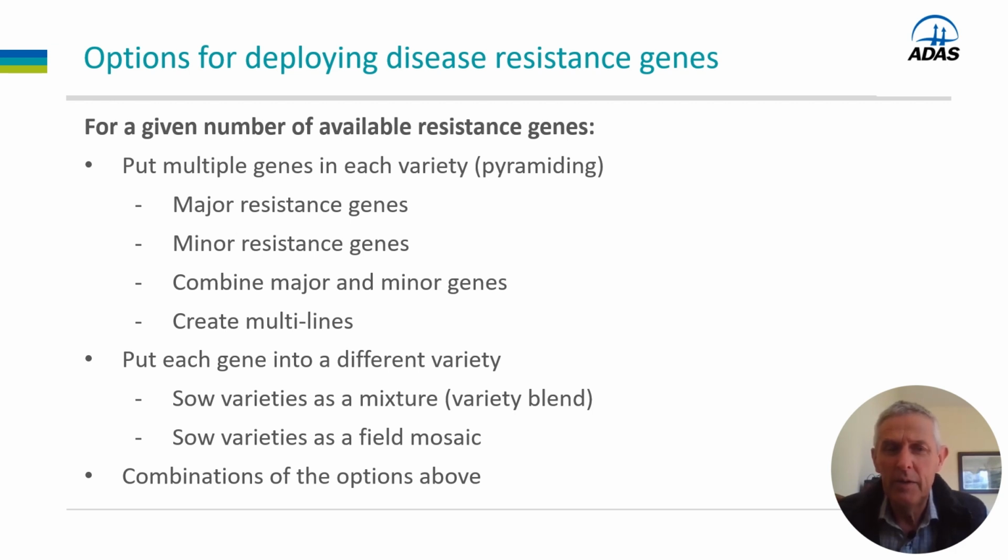So this is not commonly used, but it's possible to create a variety which is genetically uniform, but where different individuals within that variety contain different disease resistance genes.